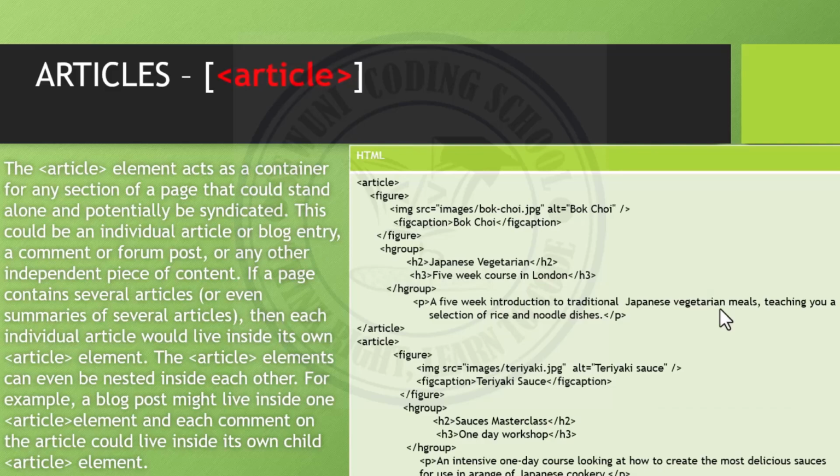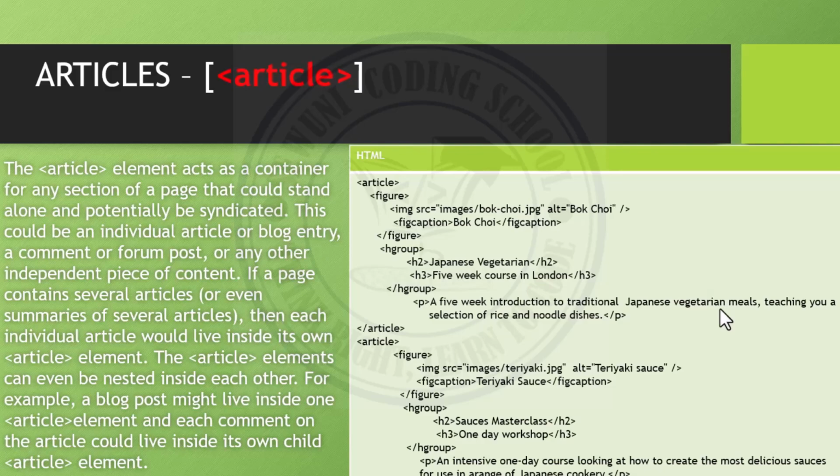Now, if a page contains several articles, then each individual article will live inside its own article element. So each post will come with its article element, so that when you're styling, it will help you to style all your posts at a go.